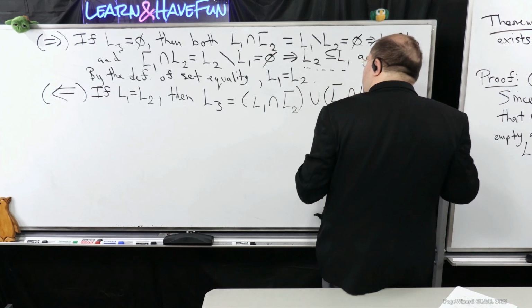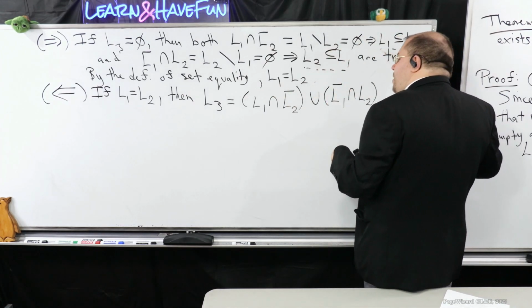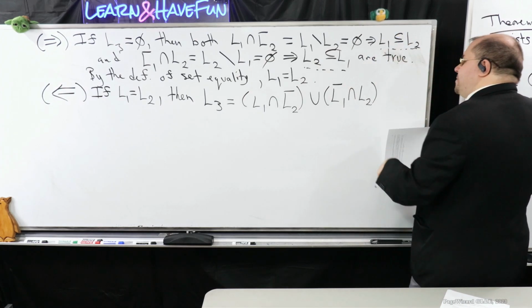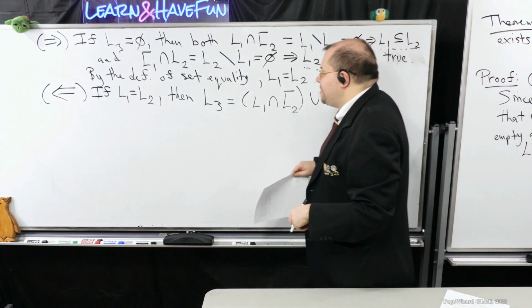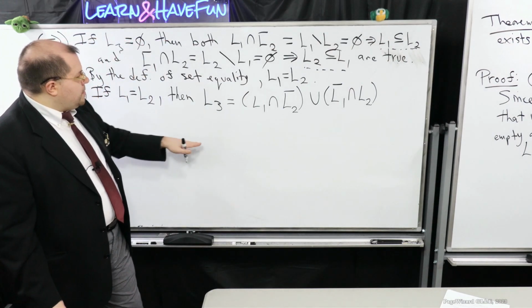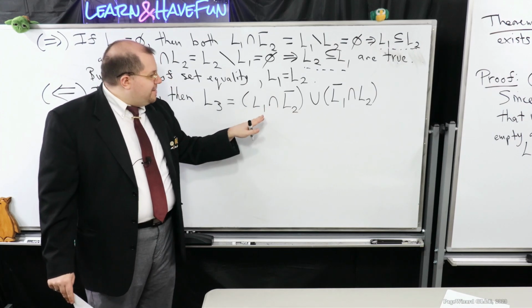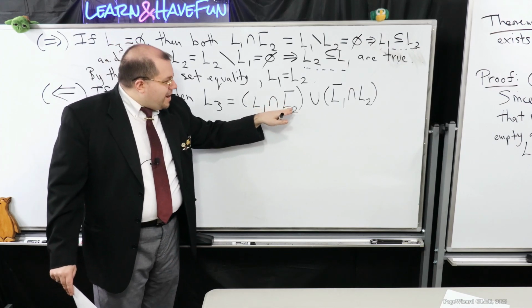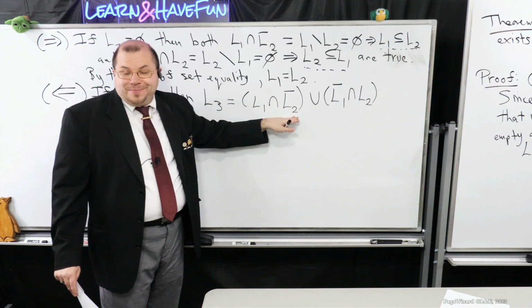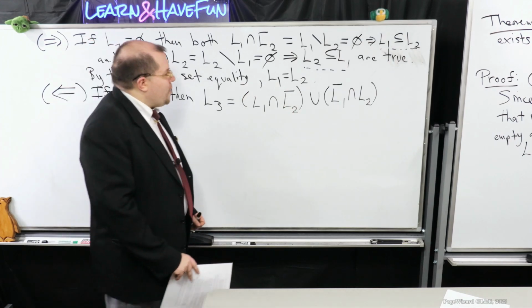But what does it say if L1 is equal to L2? Well, L1 is L2, so I may as well just put L1 right here, but that's L1 complement. What happens then?